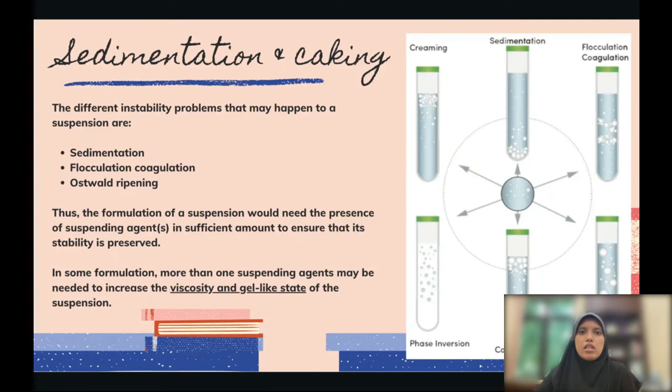If you have different sizes, small particles and big particles in a suspension, this will lead to the problems of flocculation, coagulation. That's why I will always encourage you to first ensure that your particles are finely sized before you formulate a suspension. The third problem is Ostwald ripening. This is also another problem that is related to the size of the internal particle size.